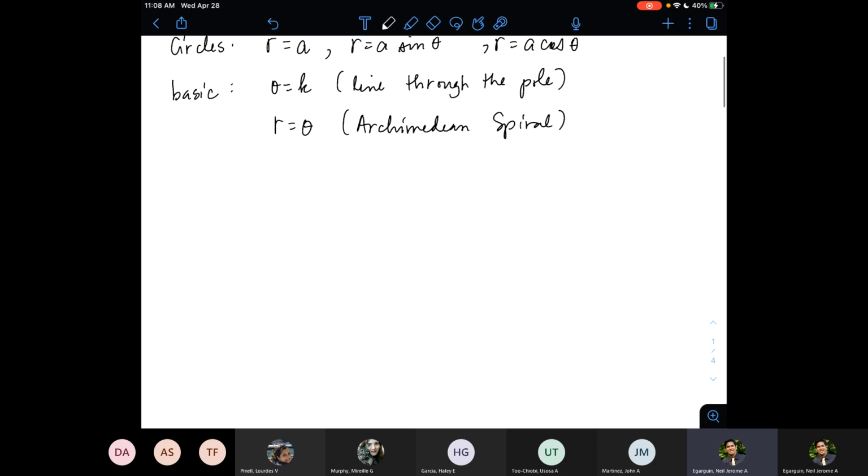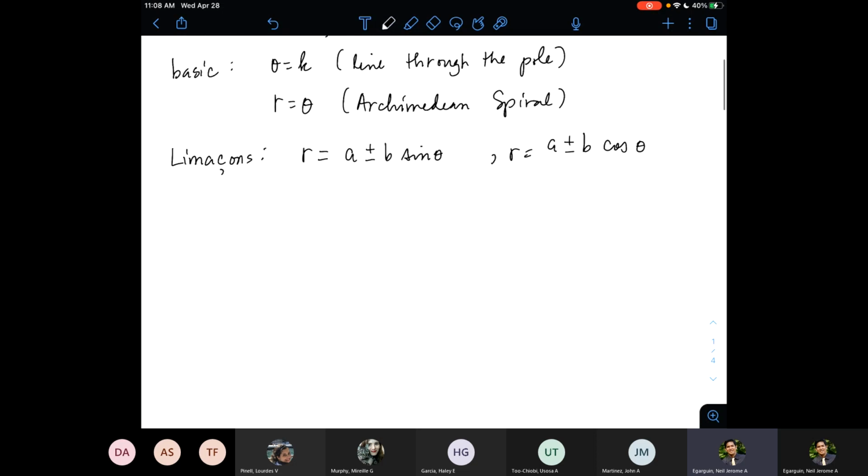Then I guess after this we can go to the limaçons. From now on I'll just write this as a usual C. So a limaçon will take the form either r equals a plus or minus b sine theta, or r equals a plus or minus b cosine theta. And depending on the ratio between a and b, we will know exactly how these limaçons look like. If the ratio a over b is less than 1, we have a limaçon with a loop.